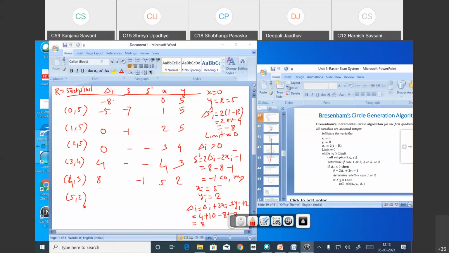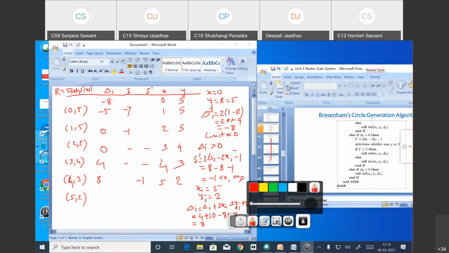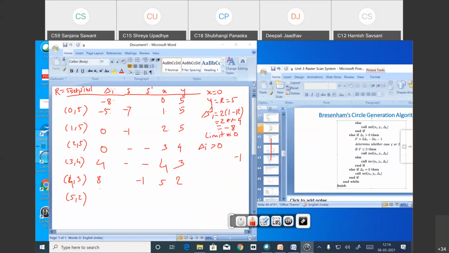Now again delta I is positive. If it is positive, then we calculate delta dash. So again we calculate the delta dash. How we calculate delta dash? 2 delta I minus 2xi minus 1. What is delta I? 8.